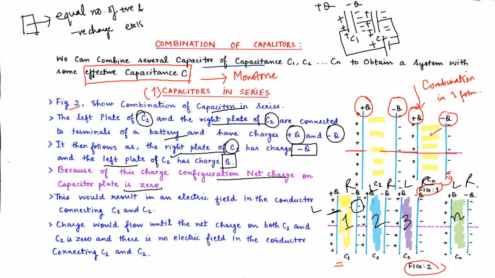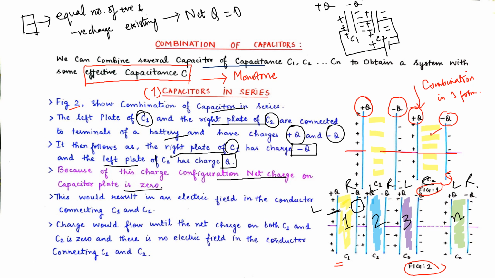So if we try to find the net Q in this system, how much will it be? 0. Like, see, you are earning 20,000 a month and your household expenses are also 20,000. How much is the amount you are going to gain?